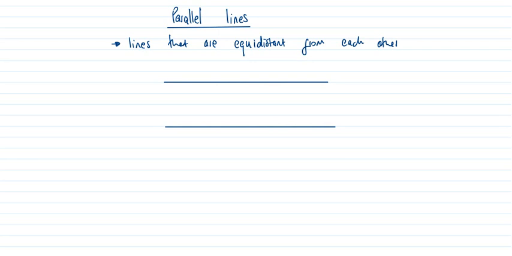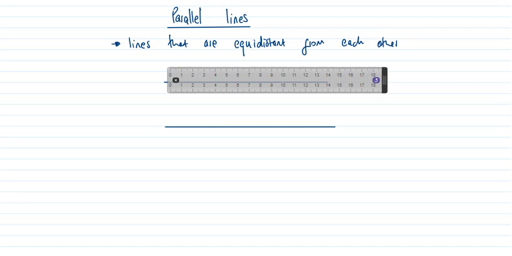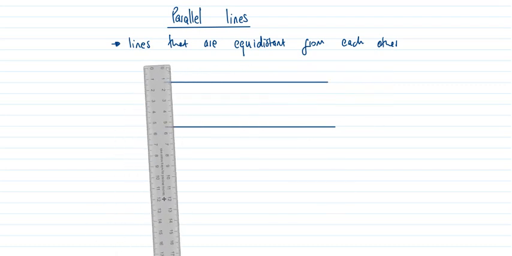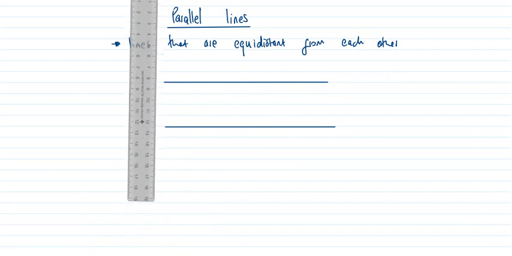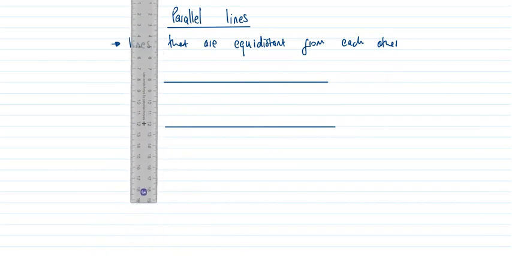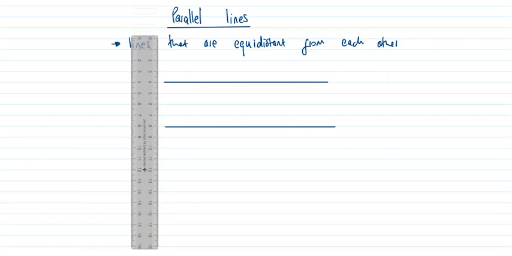Now I'm going to quickly grab my ruler just to confirm that, so that we understand what I mean by equidistant. This ruler is very slow, but please be patient with it for a second.